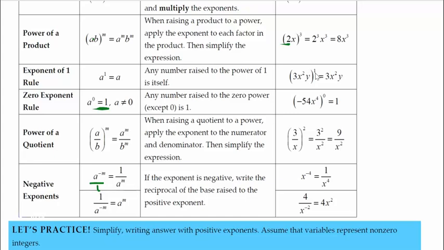Okay, so let me go back up here and just look at something with you. If I had something like x to the 5th divided by x to the 5th. All right, so if I think about this, I'm like, okay, well, I've got 5 x's being multiplied together on the top and 5 being multiplied together on the bottom.